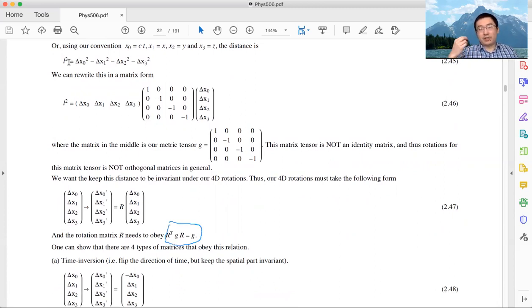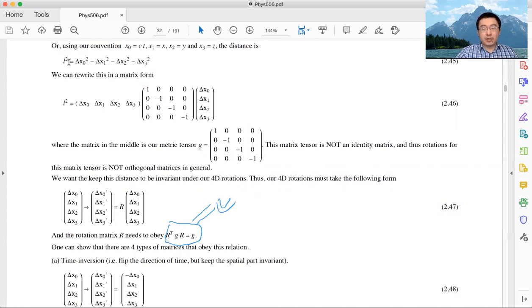We need to make sure that the matrix of this 4-dimensional rotation satisfies this relation: R transpose times metric tensor times R equals G. So as long as this condition is satisfied, the distance between two events, for the 4D space-time, will remain the same.